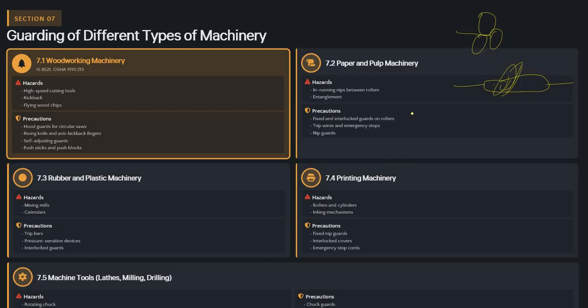If interlock guards are not possible, you can go with trip wires, which we can also call pull cord switches. If someone hits it, it immediately stops the machine, like trip wires or an emergency stop. And if guarding the nip point is possible, you go with nip guards. It's nothing but a fixed guard, but here it is clearly mentioned as a nip guard.